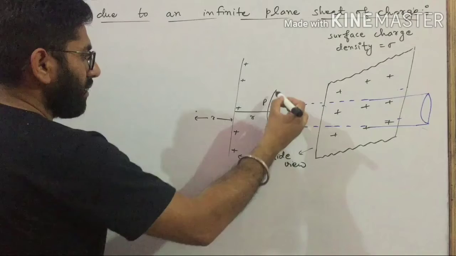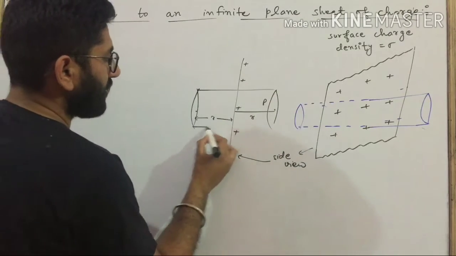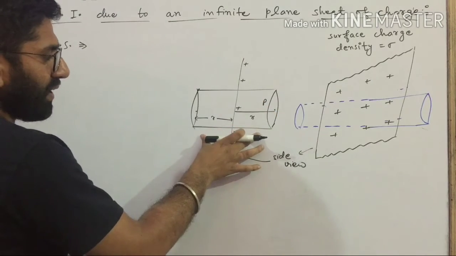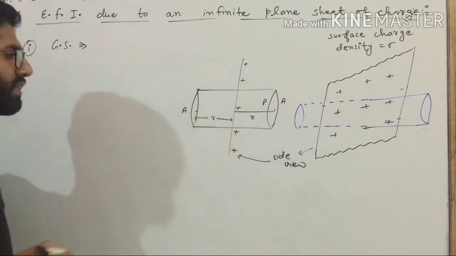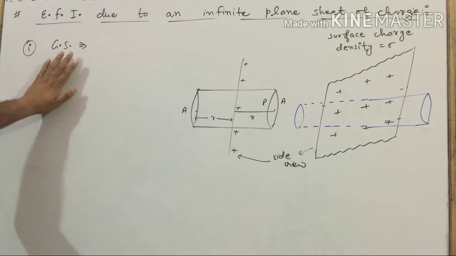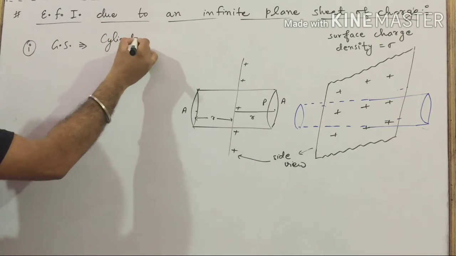So this will be the Gaussian surface, which is a cylinder. The total length of the cylinder will be 2r, and suppose the area of its base is A only.